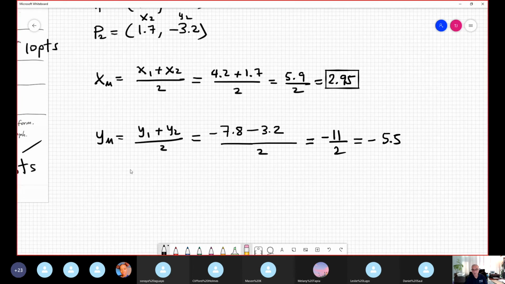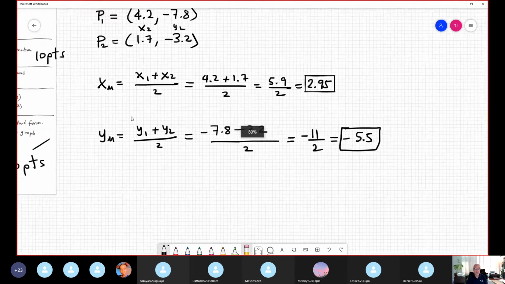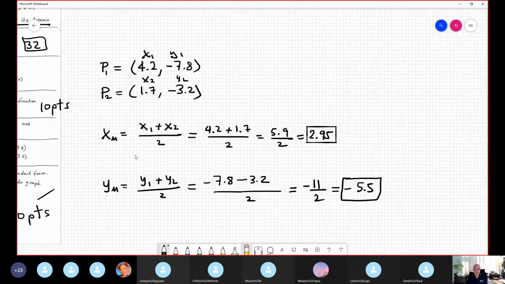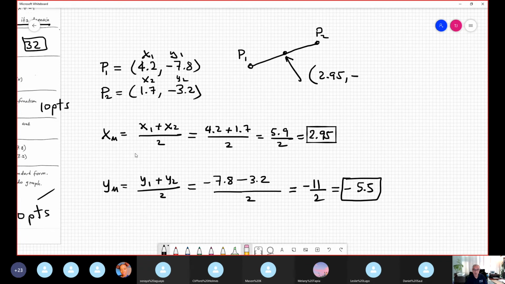So what is the super fantastic conclusion? Suppose you plot the points: it's P1, it's P2, and in the middle is the midpoint, the point that lies exactly in the middle: 2.95, comma, negative 5.5.